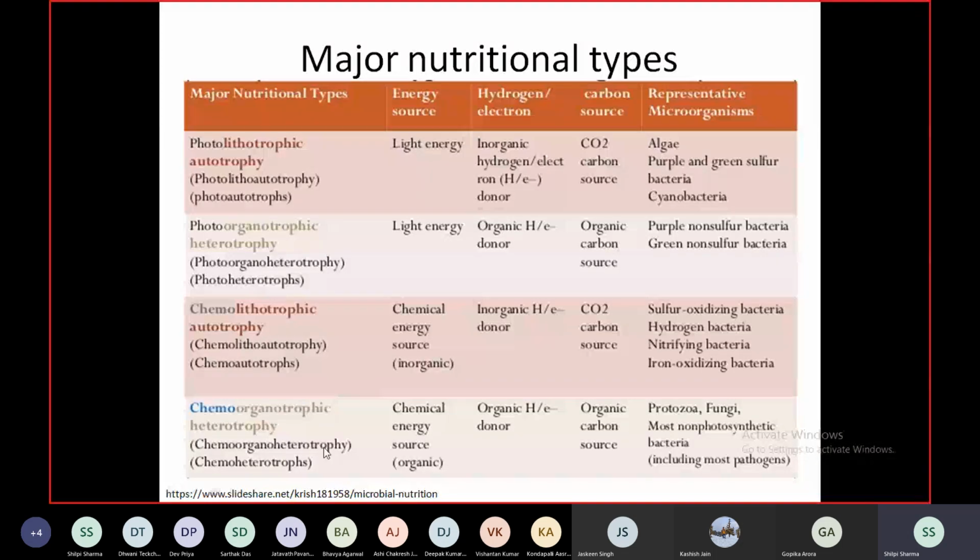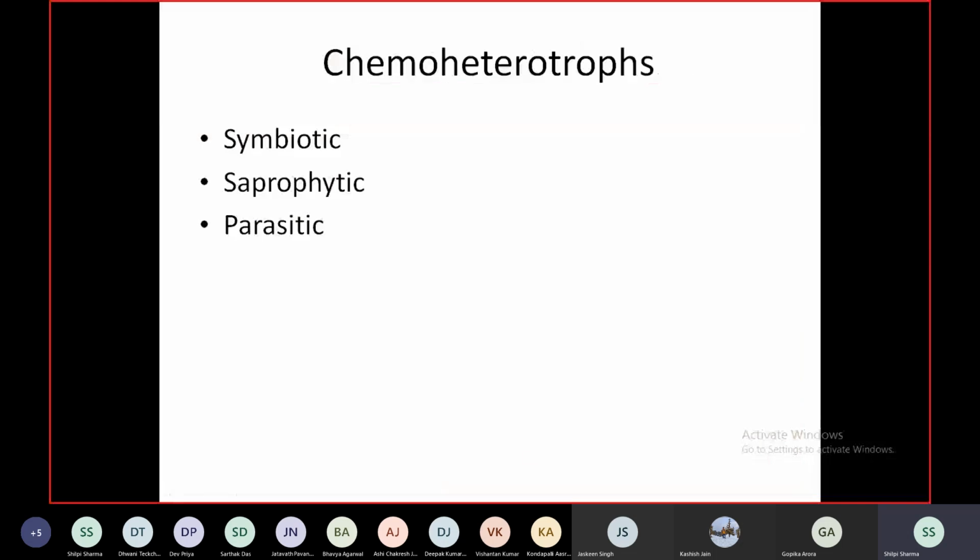Now, most of the non-photosynthetic bacteria are chemoheterotrophs, where the three requirements are met by either the same or even different organic sources. And these chemoheterotrophs can obtain their organic nutrients in different ways.